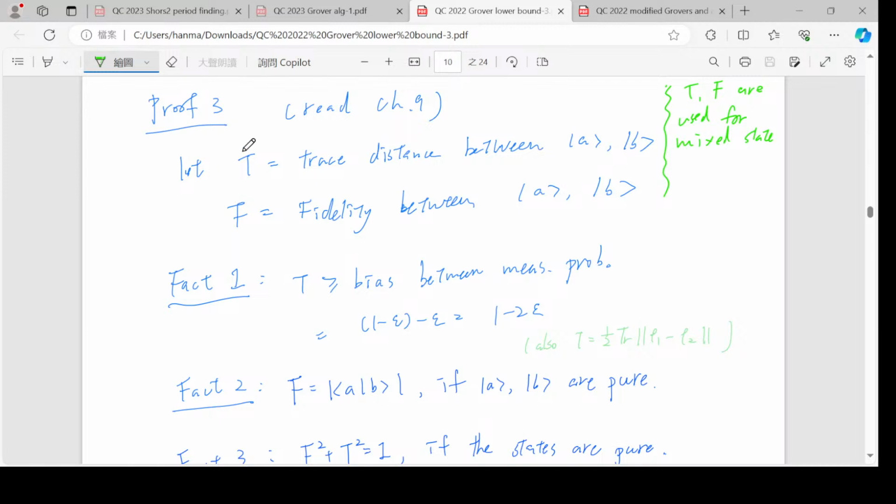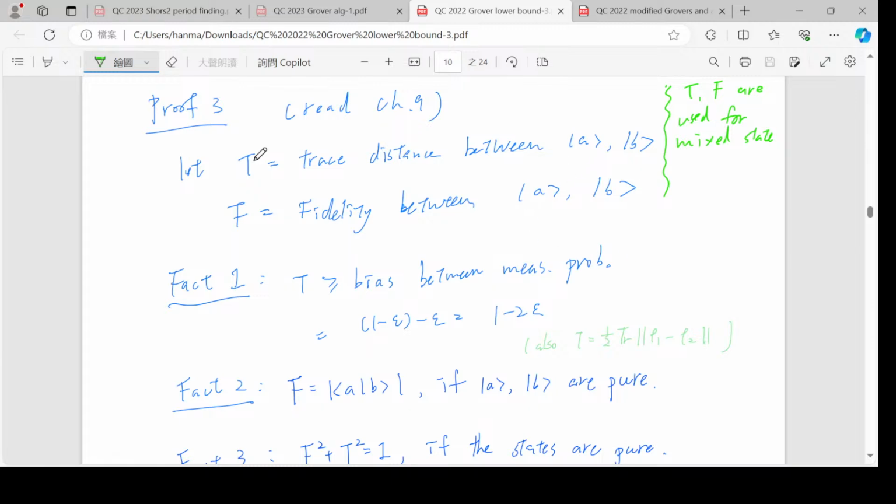So what's the intuition of trace distance? The intuition is exactly one of the properties we have. Trace distance is the upper bound on how well you can distinguish two quantum states. This holds even for mixed states, though here we use it only for pure states. It is the upper bound on the bias between the measurement probabilities you can get on those two states. And what's the bias?